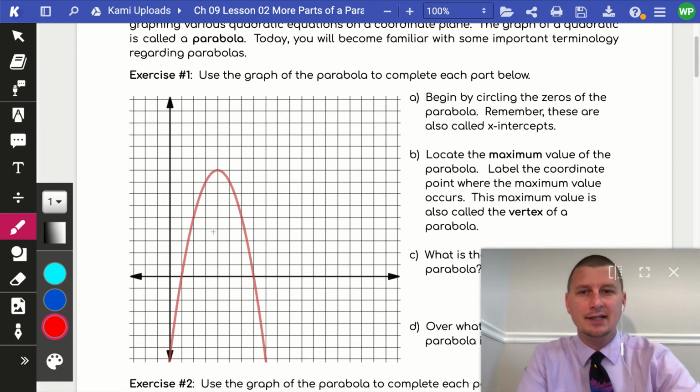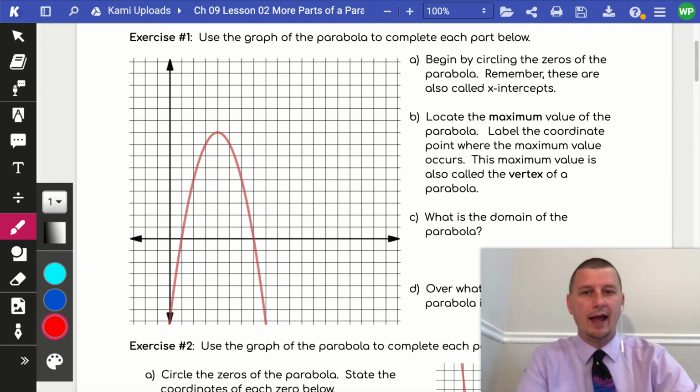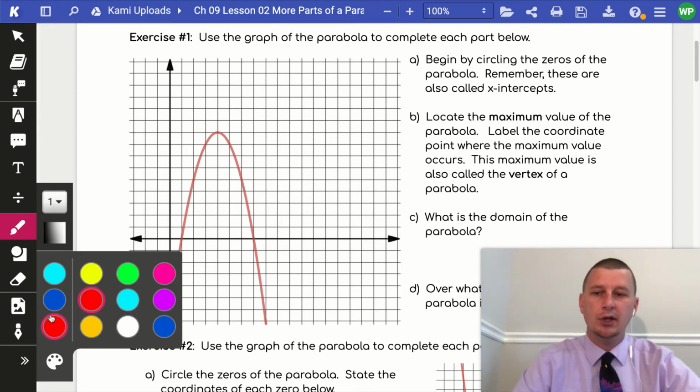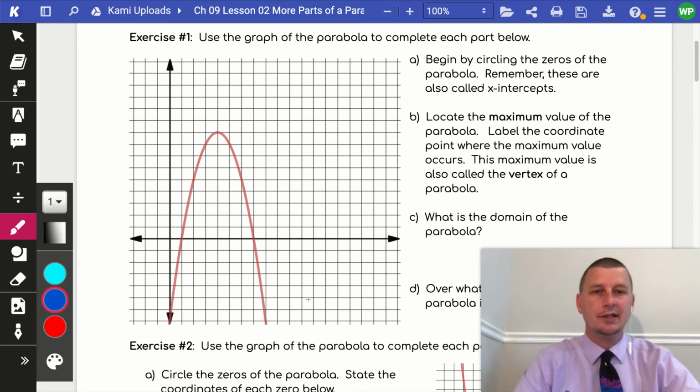In exercise number 1, it says use the graph of the parabola to complete each part below. Part A wants you to begin by circling the zeros of the parabola. Remember, these are also called x-intercepts. We know from lesson 1 that our x-intercepts are also called zeros or roots or solutions, and they are located where the parabola crosses the x-axis.